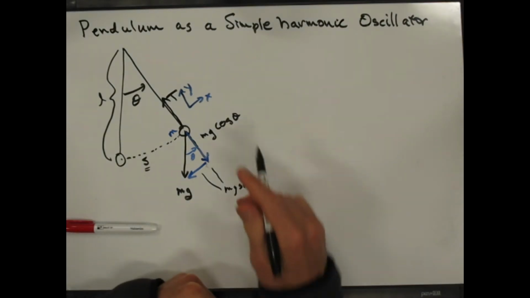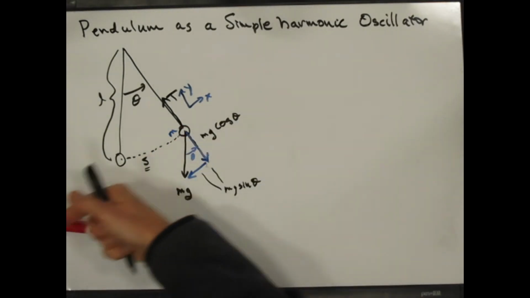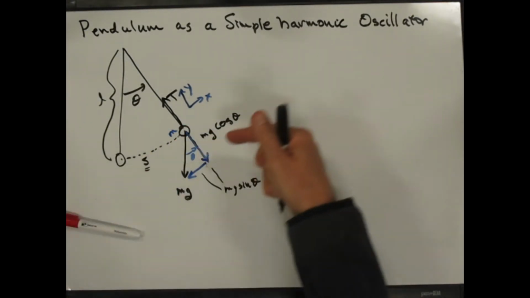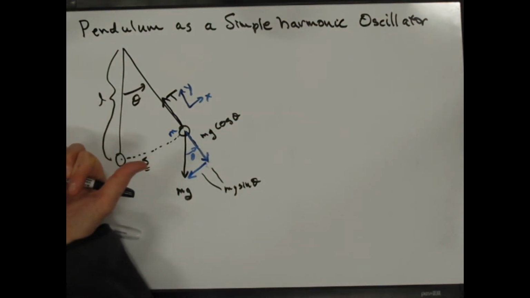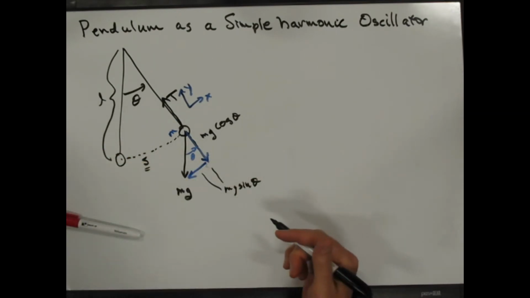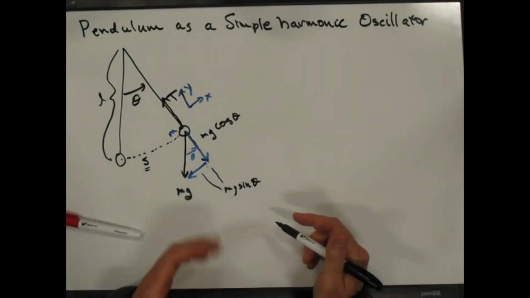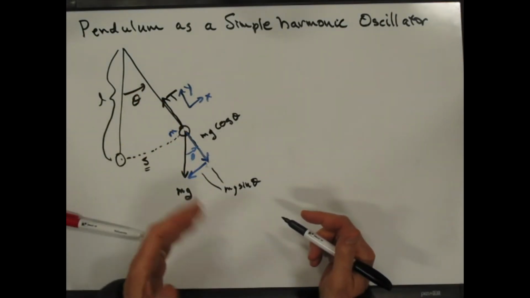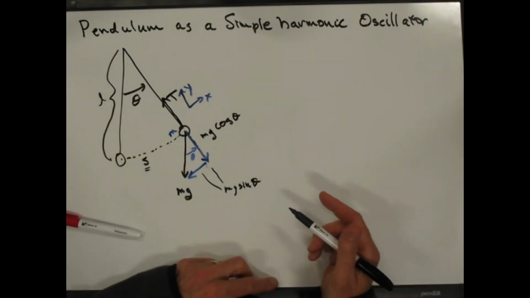It's the mg sine theta piece that causes the pendulum to rock, and then when it swings over to the other side, the component of tension along the arc is pointing back in the opposite direction again, and so it just rocks back and forth. This equation changes as theta changes because the angle is different, but all the variables look exactly the same.